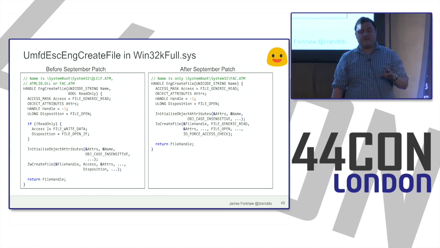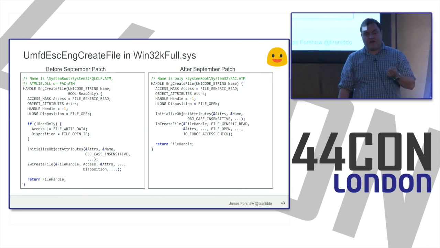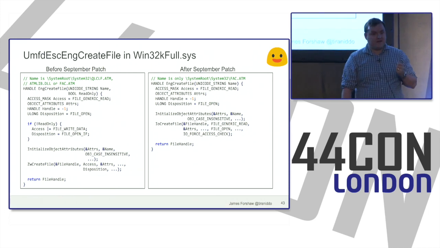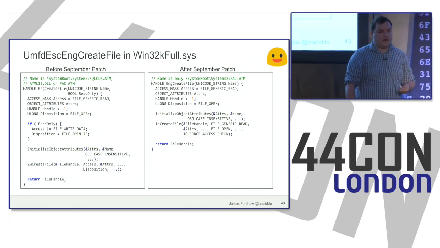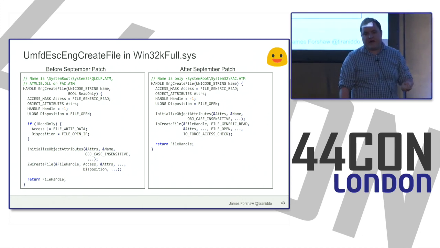Technically, you could only write to specific files, but because it was using the ZW form of create file, it allows you to create write access to that file, and it also gave you the handle back. It didn't create a kernel handle. You could get access to that handle, create a symbolic link, a file-level symbolic link, and then write an arbitrary file to anywhere on the file system.